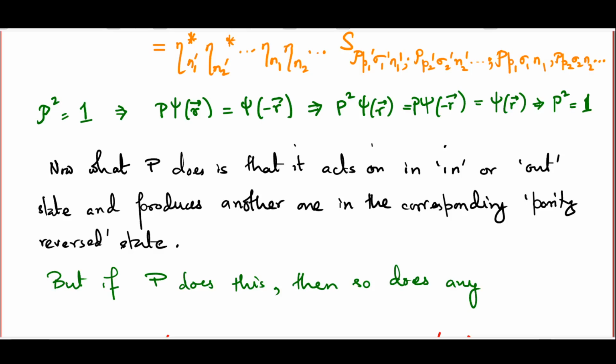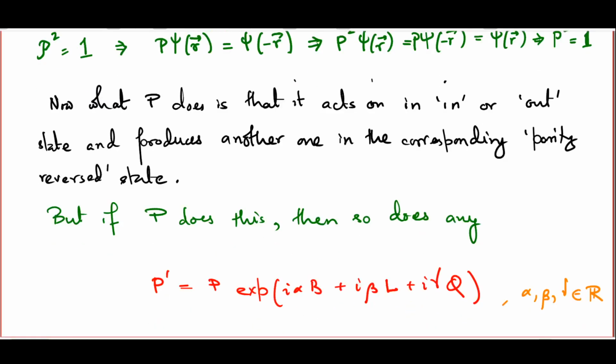But notice that if P does this, that is, changes the momentum by applying a parity reversal and does not affect the spin or the particle label, the same happens when you multiply P by an internal symmetry operation.